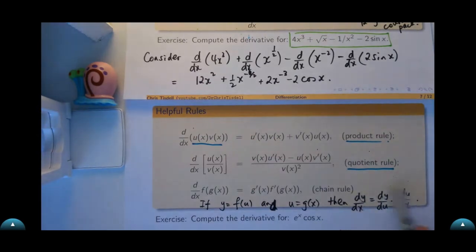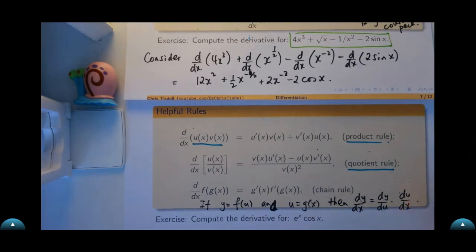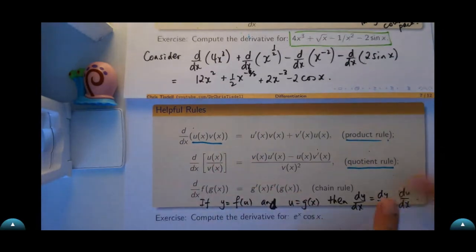Some of you might have seen this form before. Basically you can treat the differentials like fractions. They're not really fractions, but you can cover those up and go, dy dx. Now you see it, now you don't. Now you see it, now you don't.